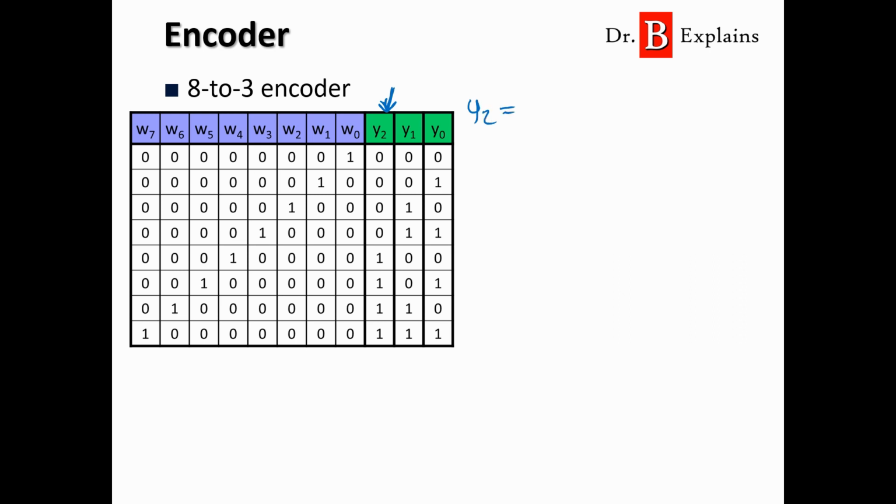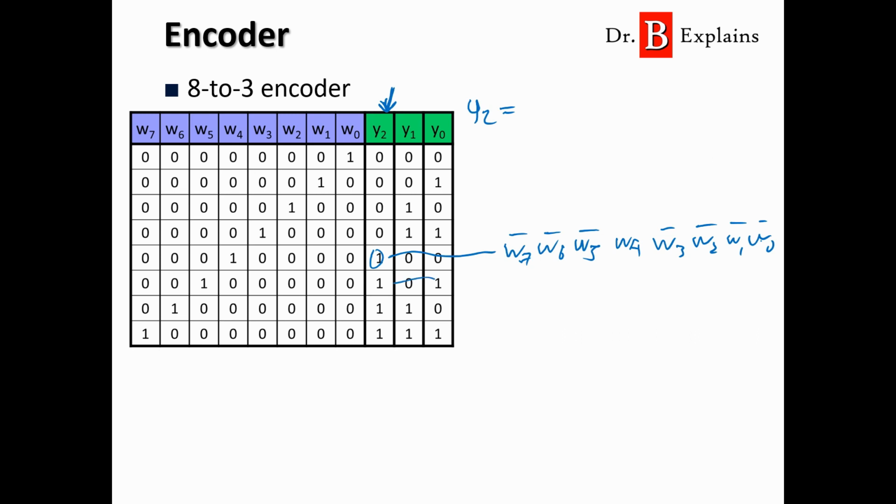Y2 is going to be a 1 when W7, W6, W5 are not, and then W4 is a 1, but then W3, W2, W1, W0, they're also not. Okay, that's the only case. If it was a priority encoder, I can ignore all of this side, right? But since this is not, I cannot ignore it.